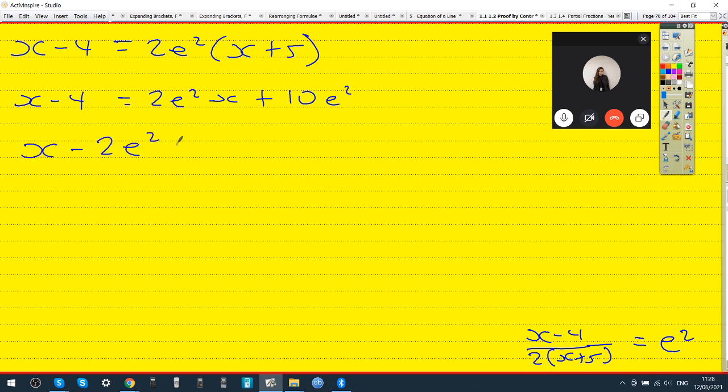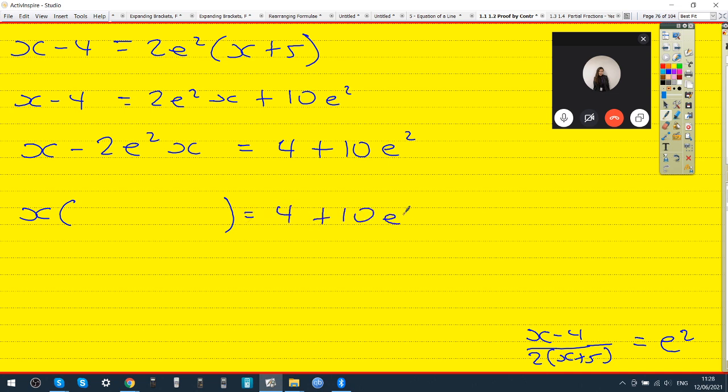Put the x terms together first, then put the numbers together. So you've got two different x terms. We want one x term. What do you have to do? Can we use simultaneous equations? Factorize out x. Okay. What do you get?